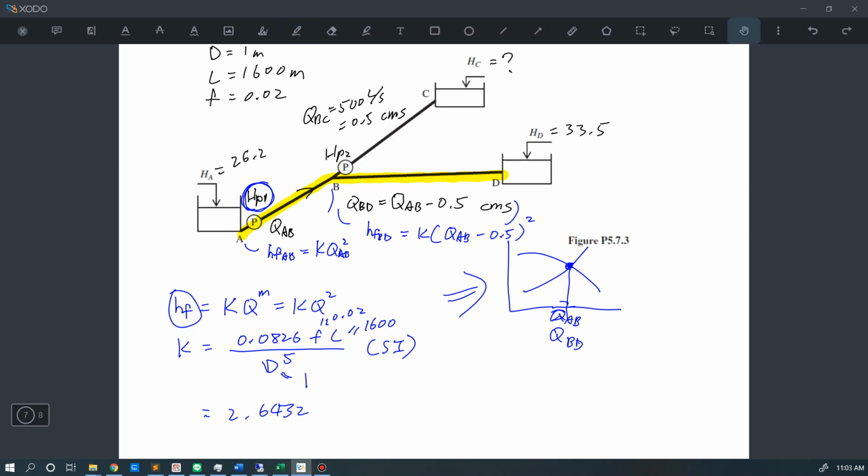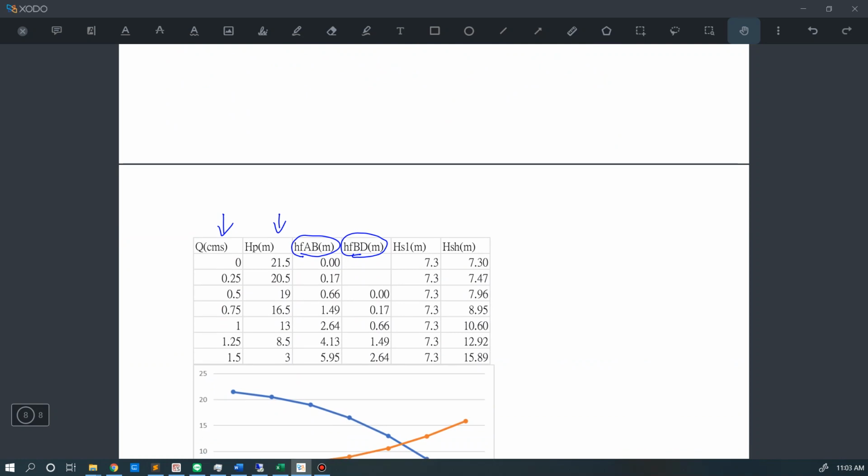So these are the two equations that we will use to calculate these two terms. Anything before 0.5 here is empty because the flow rate cannot be negative.